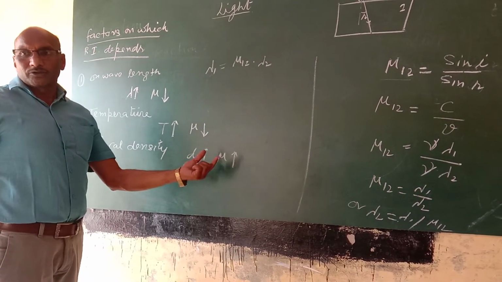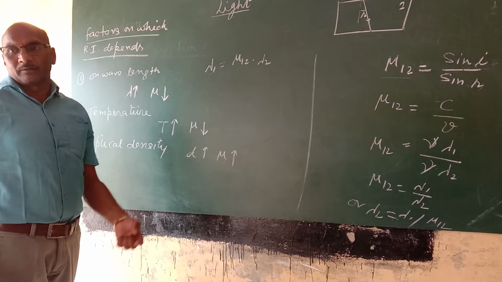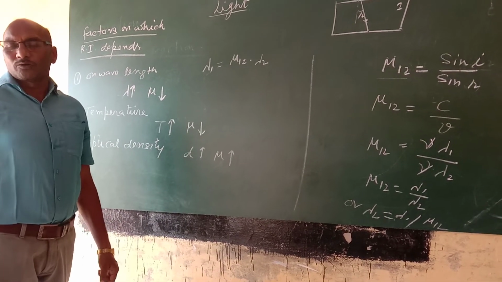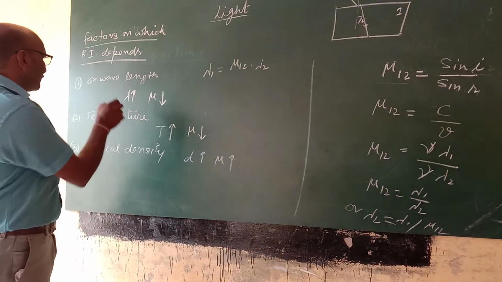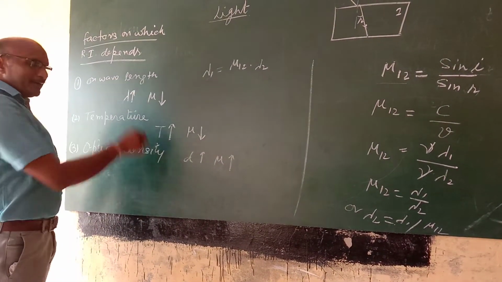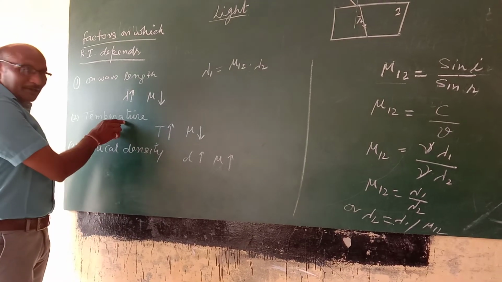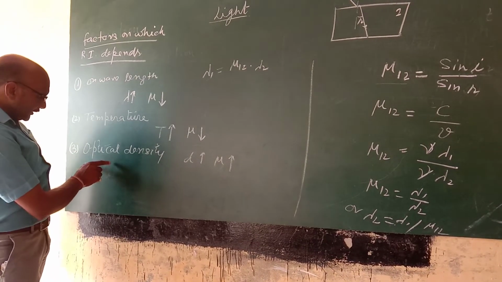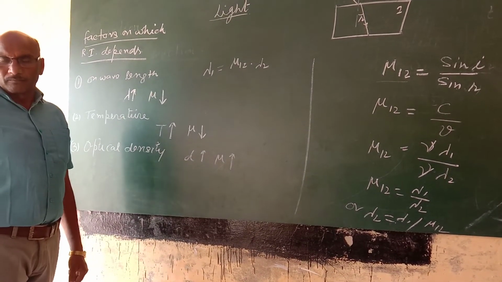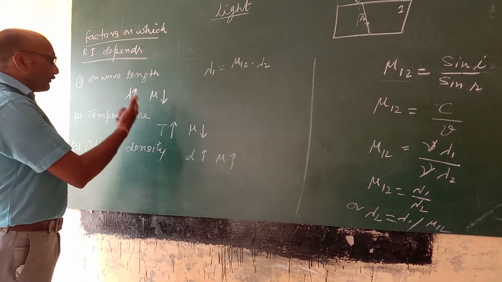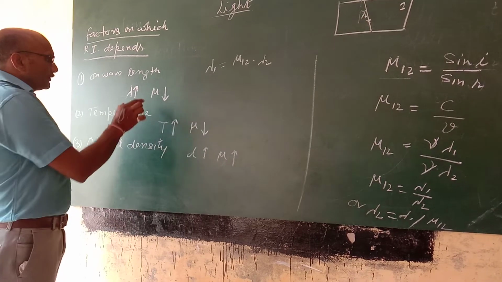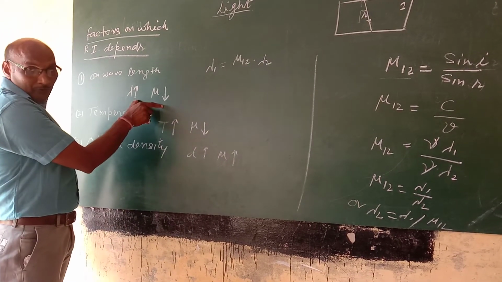So let the question be in an exam: what are the factors on which the refractive index of a medium depends? Only 3 factors: number 1, wavelength of light, number 2, temperature, number 3, optical density. If I ask how the refractive index depends, then you have to write the full statement. I have written it in short for you.